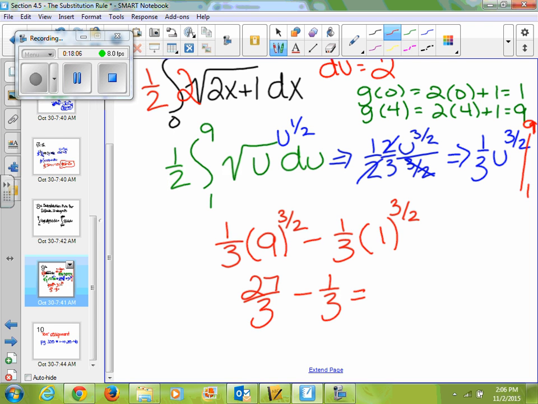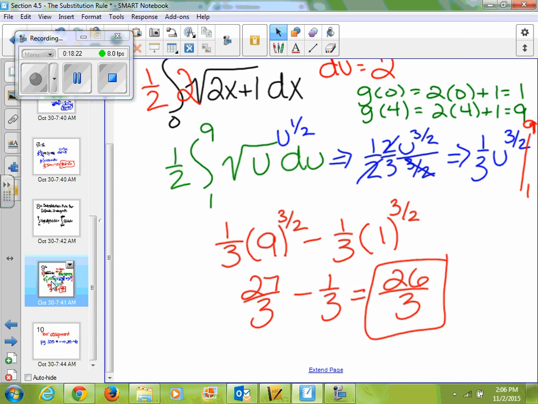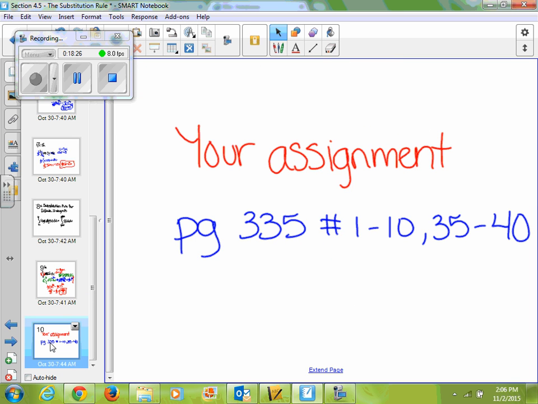And 27/3 minus 1/3 is 26/3. That's it. Okay, so substitution rule works the same for indefinite integrals as it does for definite, except you have to change your limits. So your assignment is page 335, 1 through 10, and 35 through 40.